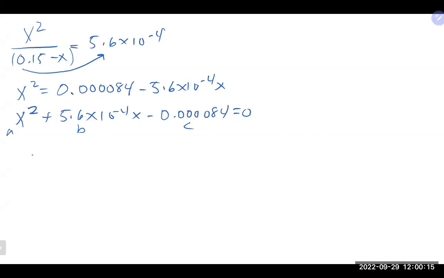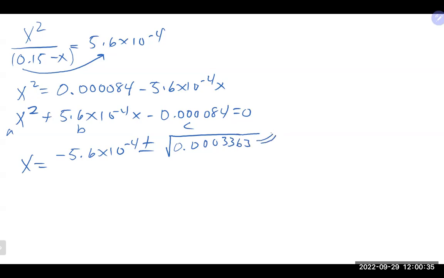So we're going to go with our quadratic, which would be minus b, which would be minus 5.6 times 10 to the minus 4, plus or minus. Once again, if you do all the numbers inside the square root before taking the square root, I think you end up with something like 0.003363. Once you square root it, I think you end up with 0.01834.